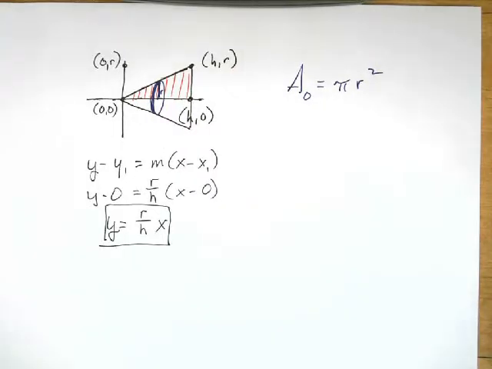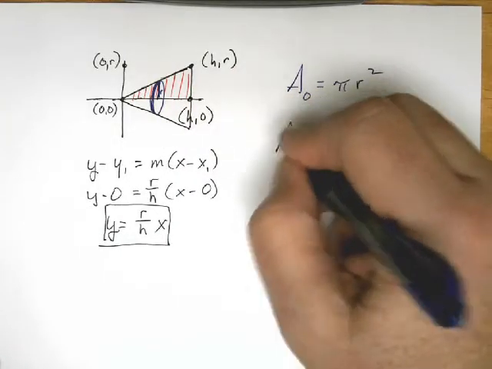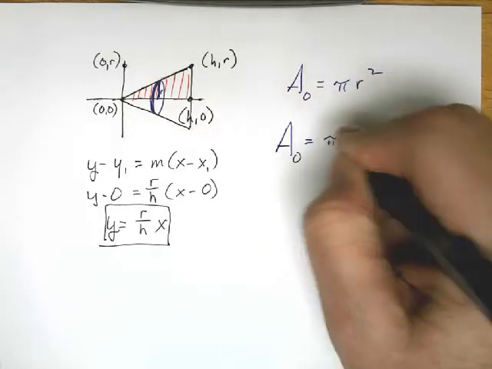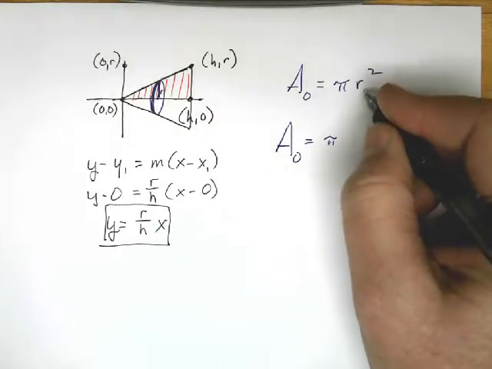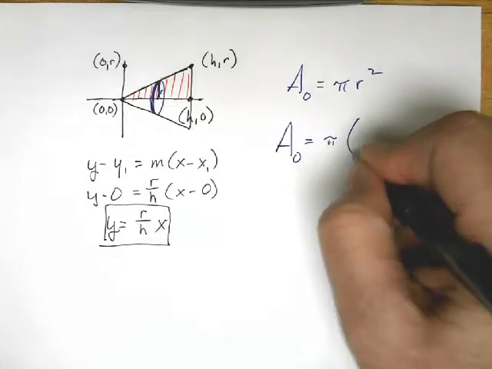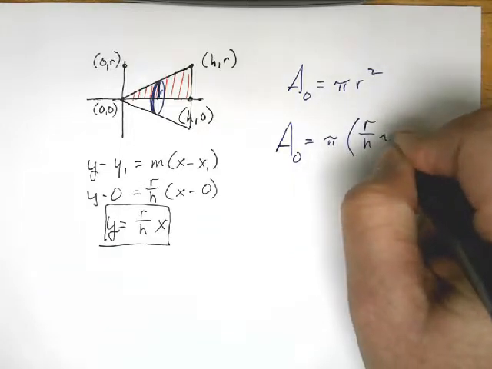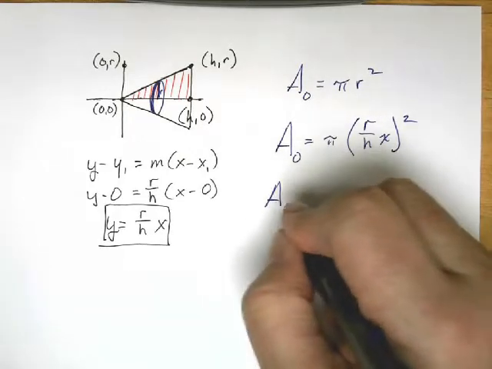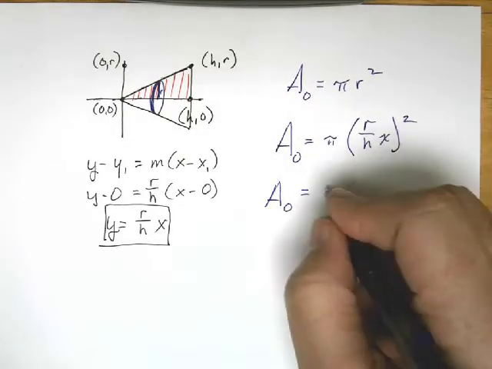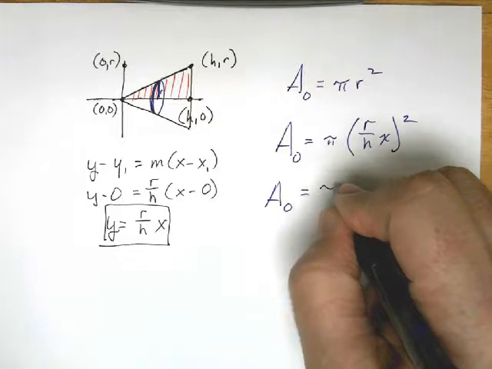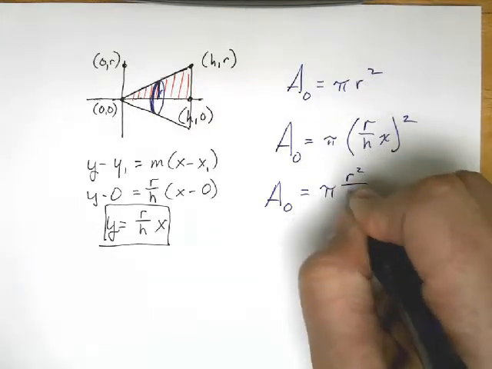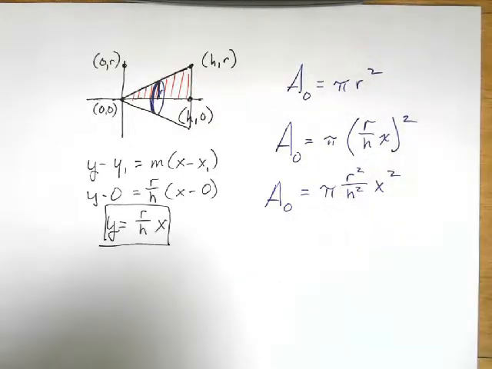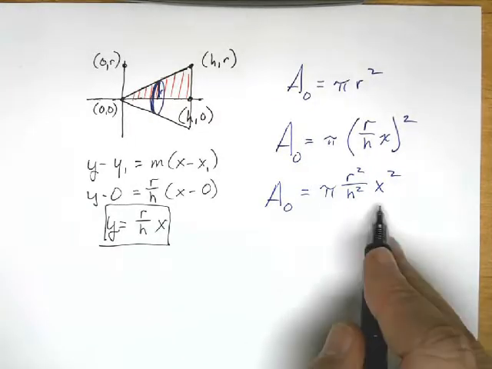Since that is the case, we can go ahead and substitute that into our formula up here for r. Okay, and we'll go ahead and clean up the powers here. And that's going to be our area function.